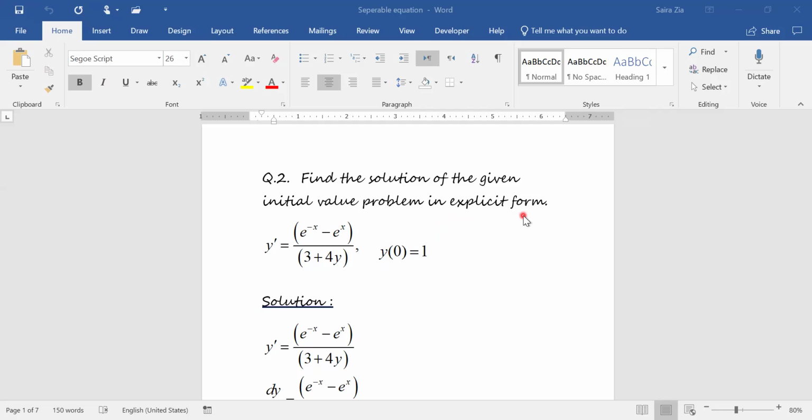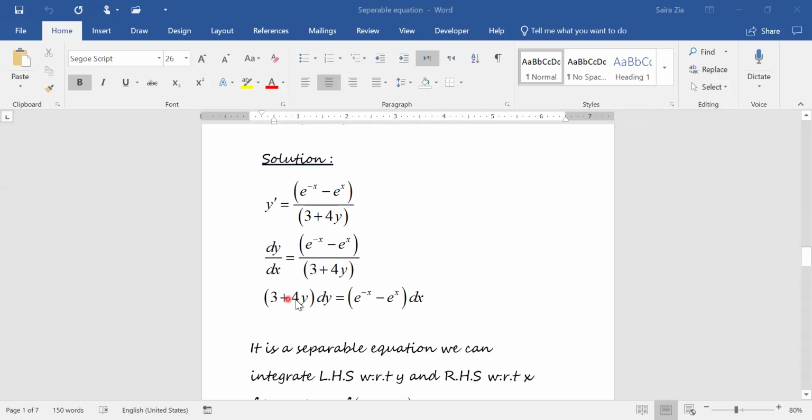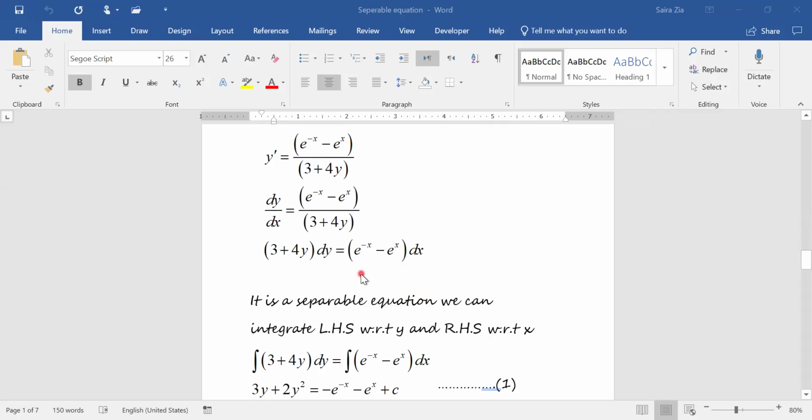The first step is the same: we write dy by dx because this is the first derivative, take the dx with the x functions and the y variables with dy. So we rearrange the equation so that on one side are y and the functions of y with dy, and on the other side are the functions of x with dx.